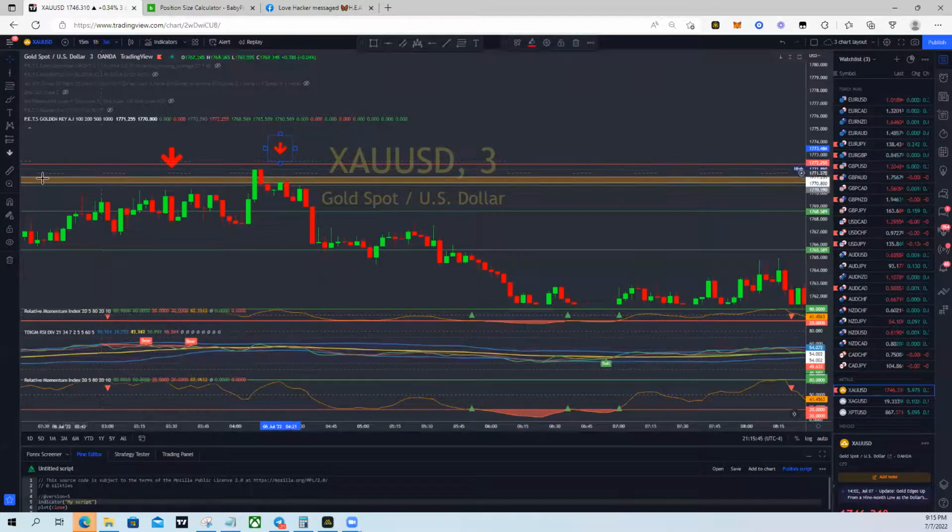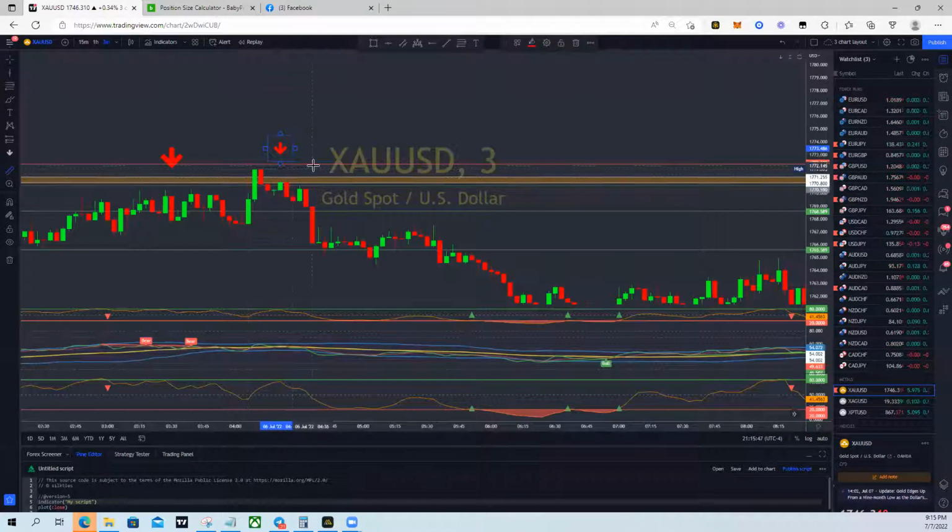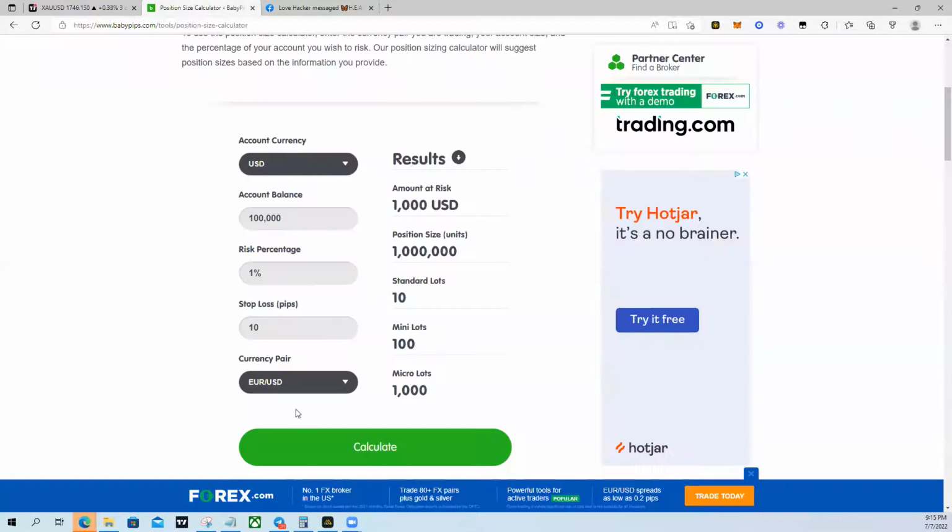It's an optimal entry. What would your stop loss be? Your stop loss is right here. So if we're entering from the bottom of the zone, our stop loss is 15 pips on gold. $66 a pip.